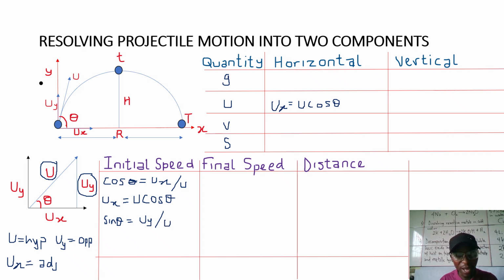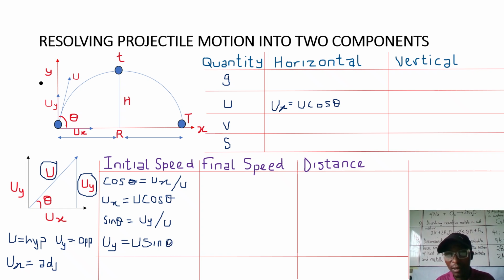So if we make uy the subject of the formula, that implies that uy now will be equal to u sine theta, and that is our initial speed along the vertical axis. So let's put that here. Our initial speed along the vertical axis, which is uy, equals u sine theta.